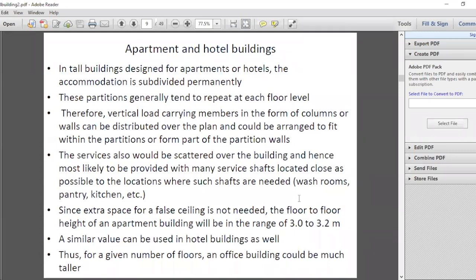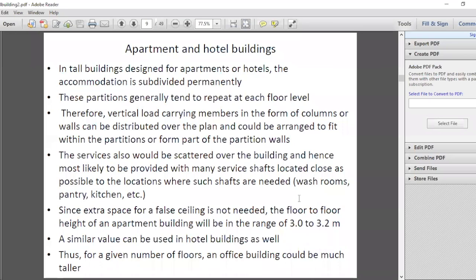That is one option. The other option is, because we have so many partitions, some of the load carrying members can be hidden within the partitions.